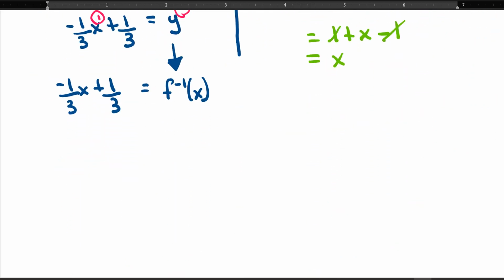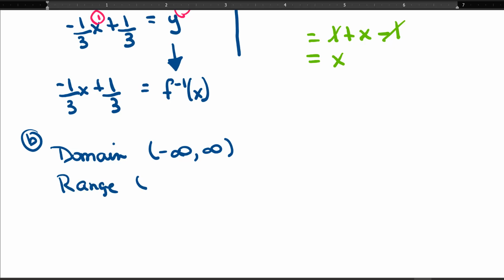Because we have a linear function, the domain in interval notation would be from negative infinity to positive infinity. This is part B. Our range will be the same thing. Now, what we're going to do is use our graph to verify that our domain and range is from negative infinity to positive infinity.